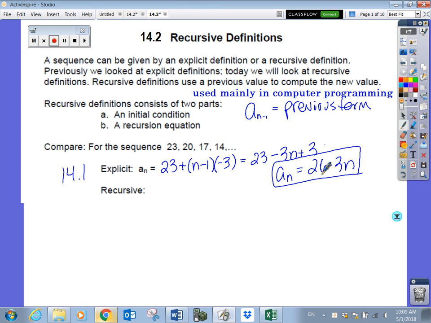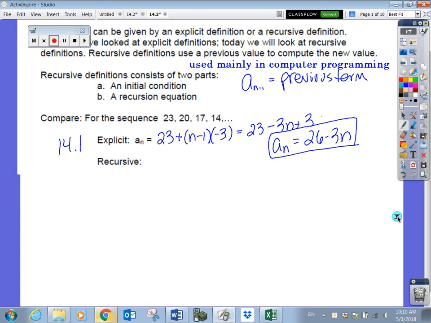For recursive, there are going to be two equations, two parts. You have to state the initial condition, and then you state your recursion equation. So our initial condition would be a sub 1 equals 23.